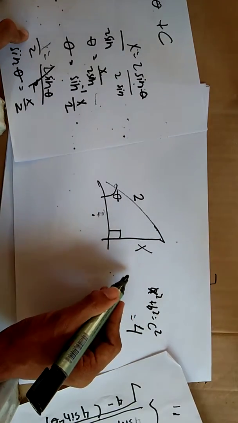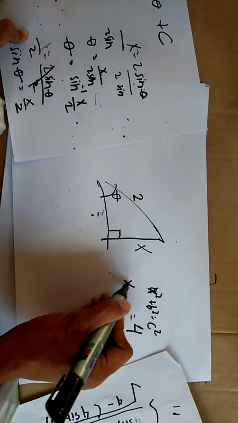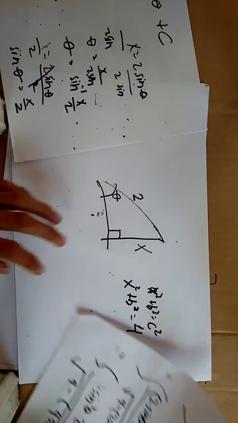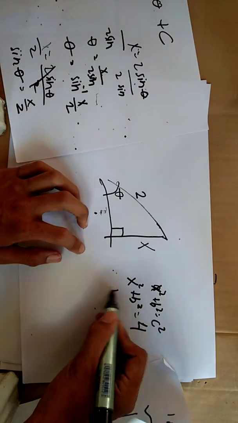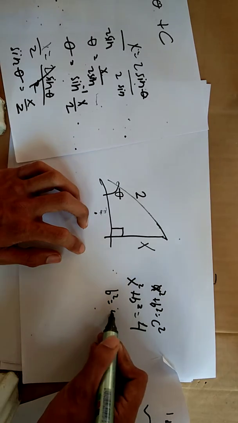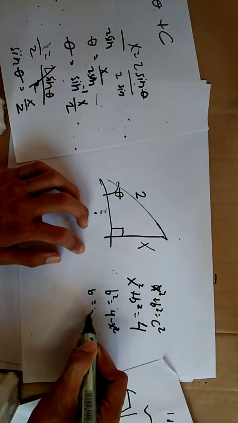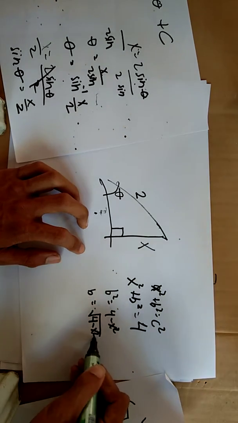Then we will substitute our a into x, so x squared. Then b squared will be the unknown. Substituting this whole equation, b squared is equal to 4 minus x squared. Get the square root of b squared. Then we have b is equal to the square root of 4 minus x squared.